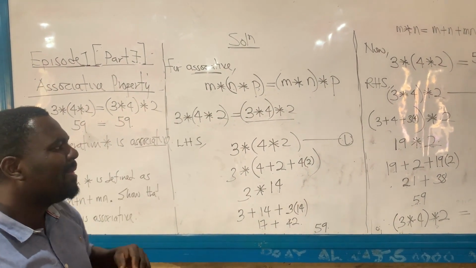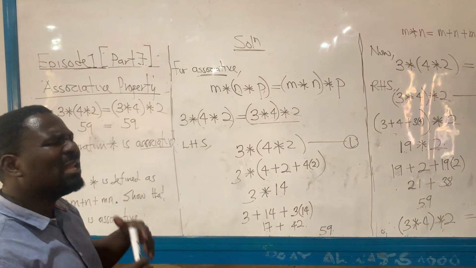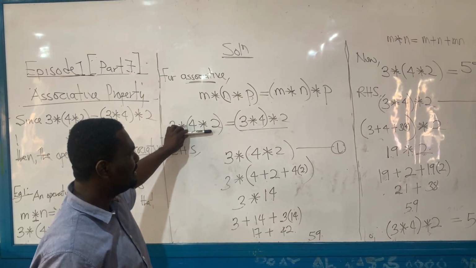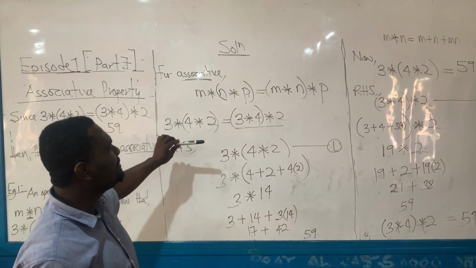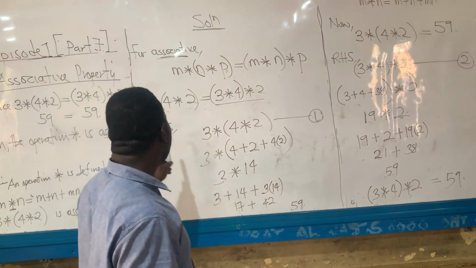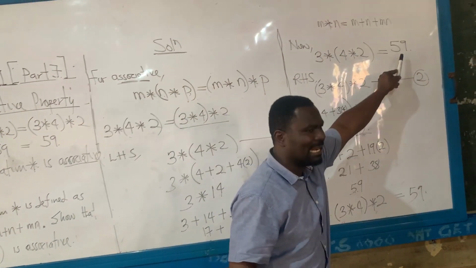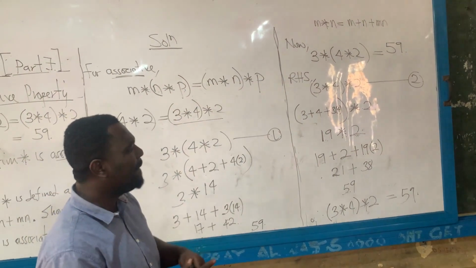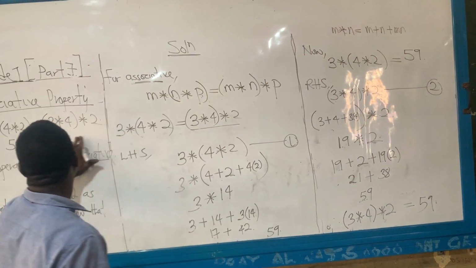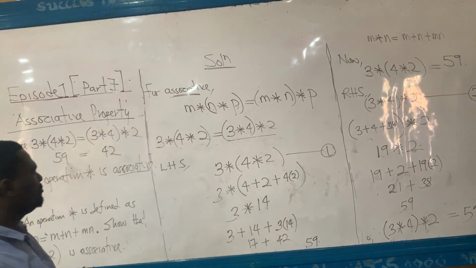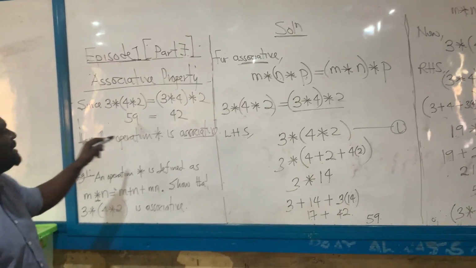But remember, one may ask, what if, after solving my left hand side and at the same time solving my right hand side, my left hand side answer was 59, that's correct, but my right hand side happens to be something like 42, can we say that the operation is associative?